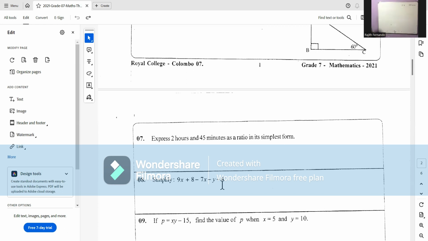You know there are 60 minutes per hour, therefore 120 minutes are here and 45 minutes are here. Now the unit is the same, so you can say 120 to 45.